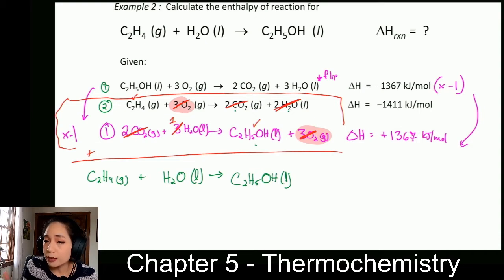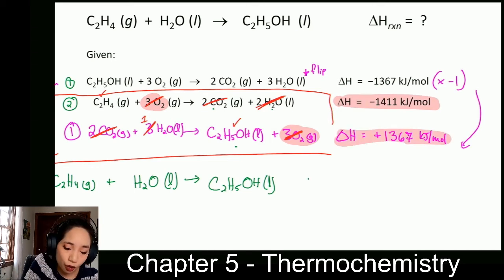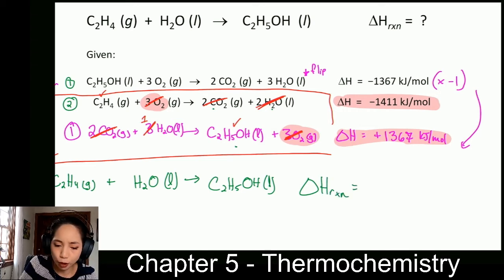So now we need to make sure that we add up those delta H's how we calculated them. In step 2, we didn't have to do anything to the delta H. Step 1, we already flipped it. So all we have to do is add up this step and this step that we flipped to get the delta H of the overall reaction that we pieced together through our puzzle.